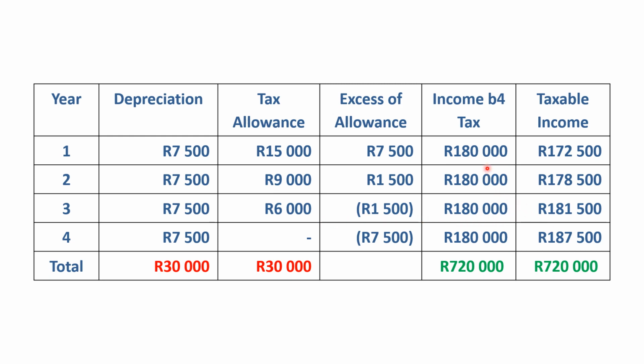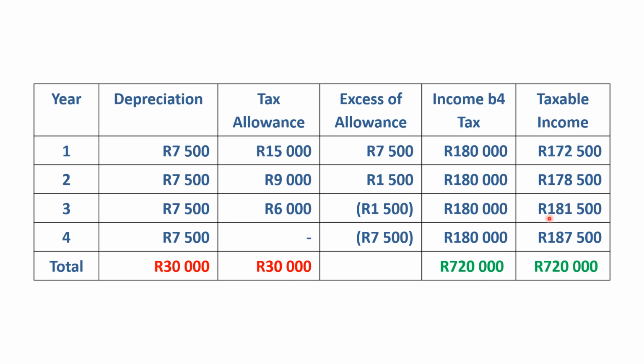Let's check quickly what our taxable income is versus our accounting profit. Our accounting profit, remember, we said was supposed to be 180 each and every year. However, taxable profit becomes 172,500 in year 1. Why? Because now we're deducting more allowance. And in year 2, we deduct more allowance again versus depreciation. It becomes 178.